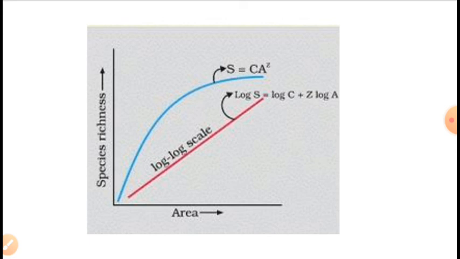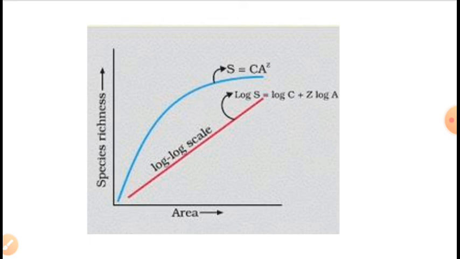So according to the distribution of this species area relationship, the Z value is also different. Somewhere it is between 0.1 and 0.2, in other areas it is higher, 0.6 to 1.2, and it may also be as high as 1.15.